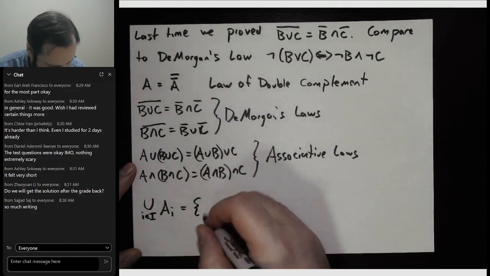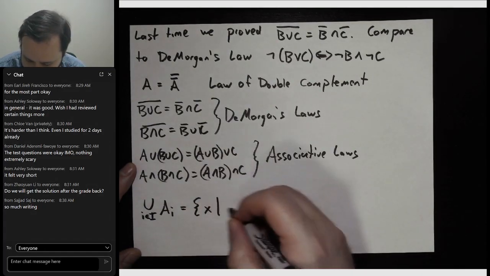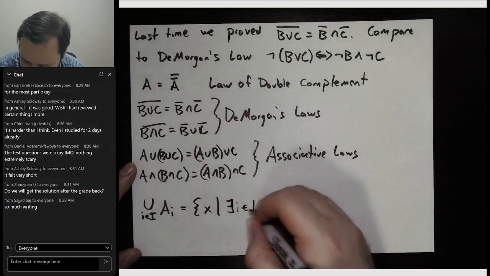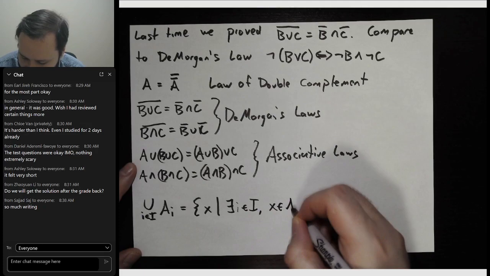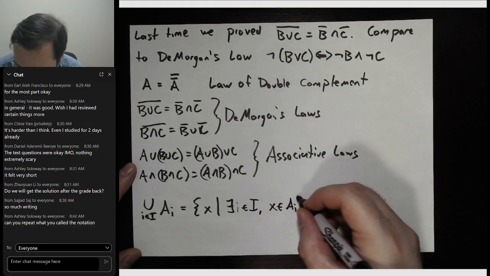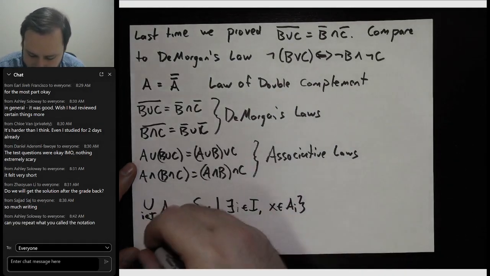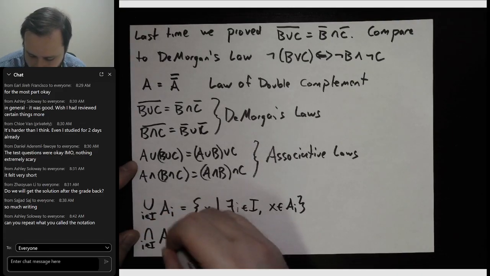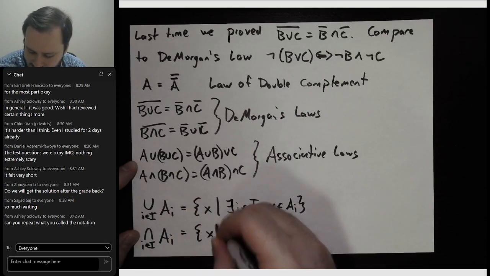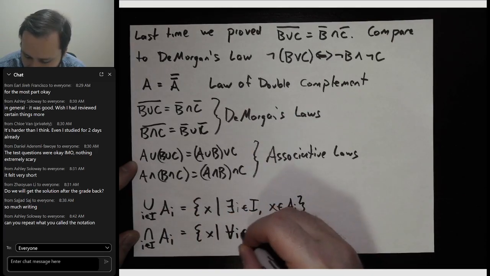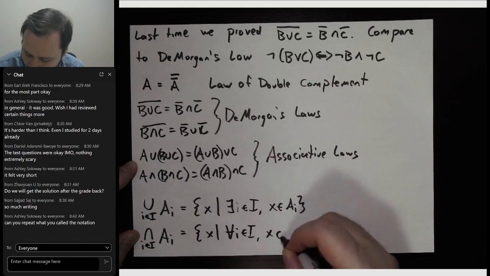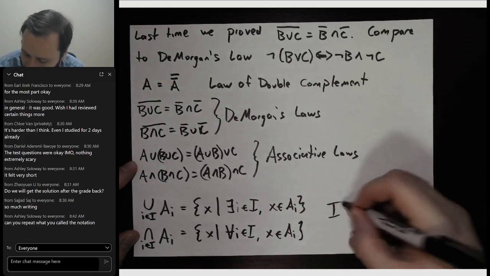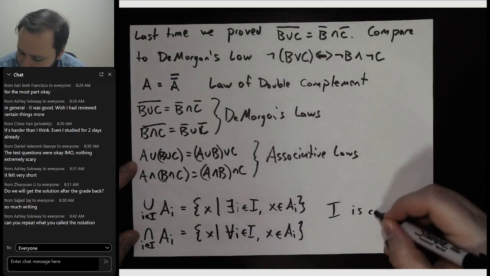This is the set of x's such that there exists i in I with x in A sub i. Similarly, we can have an intersection of sets, and this is the set of x such that for all i in I, x is in A sub i. And here, capital I is called an index set.